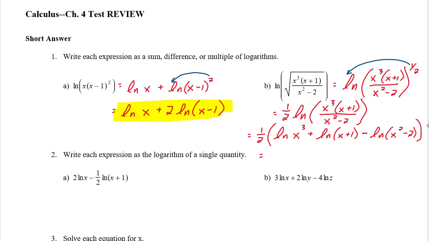So at this point I should be able to move just one coefficient in front. This power of 3 will get to move in front. And I'll go ahead and leave that 1/2 in front. If we wanted to distribute it through, that would be fine, but I'll just leave it in this format for my final result.